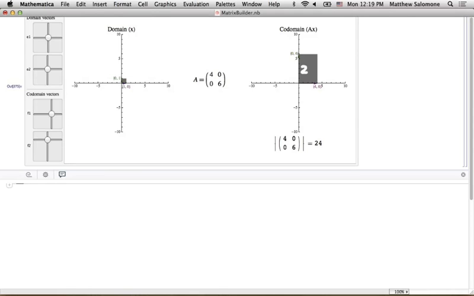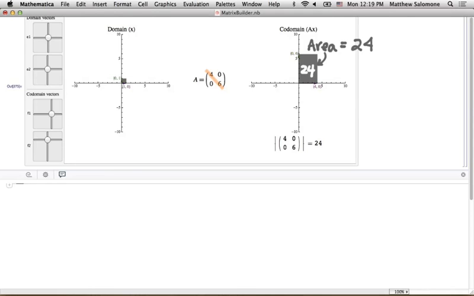And the reason my determinant is 24, at least from an algebraic perspective, is that that's what I get taking the product on the diagonal. If I'm taking the product on the diagonal, I'm really taking the product of the width of this rectangle with the length of this rectangle. And so I'm getting the area.